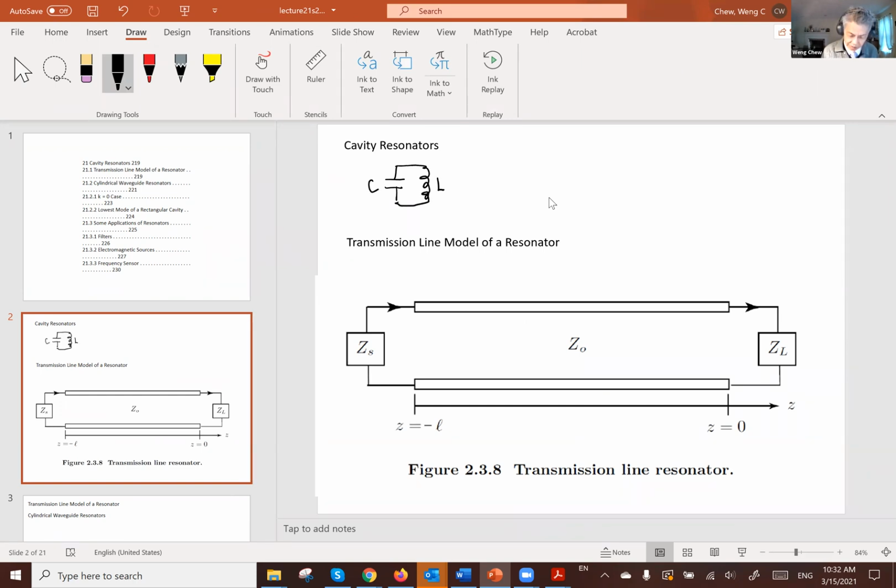When you have an LC tank circuit, there are certain frequencies at which, as I guess you have learned from your undergraduate days, if the frequency is omega equals 1 over the square root of L times C, then the resonator can resonate. The characteristic of a resonator is that it does not require an external driving source.